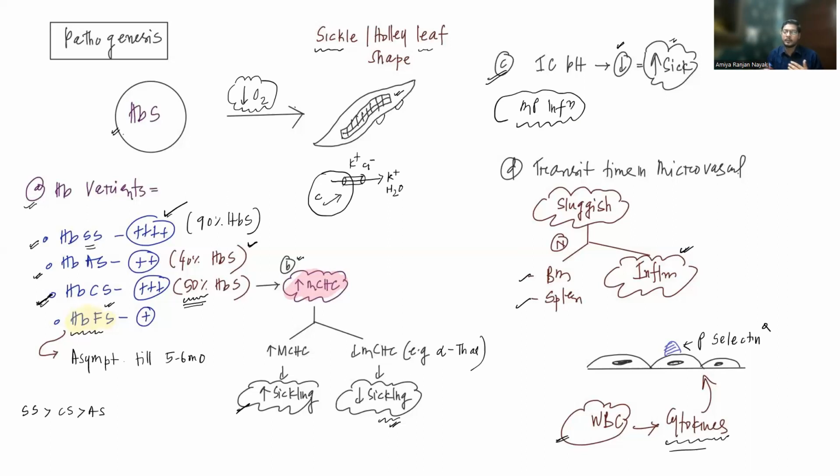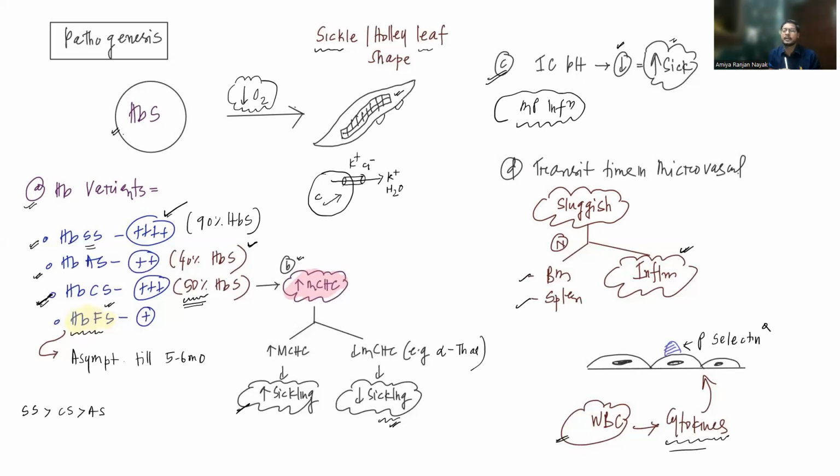So there will be more and more sickling, more adhesion molecules, more adhesion, more microvascular occlusion. That will also increase inflammation. Then there will be more sickling, more adhesion, more microvascular occlusion. That is a vicious cycle that happens whenever the transit time in the microvasculature is increased.